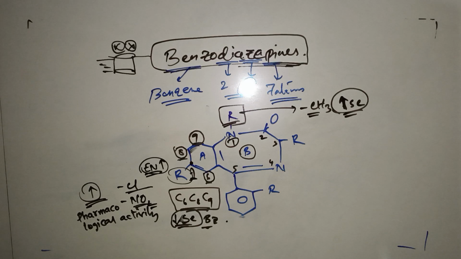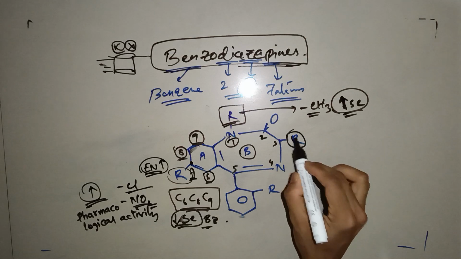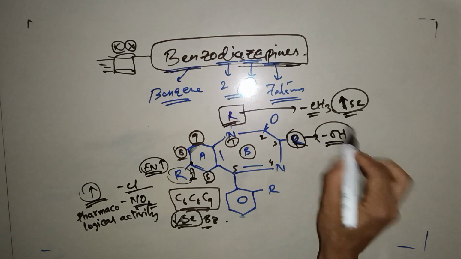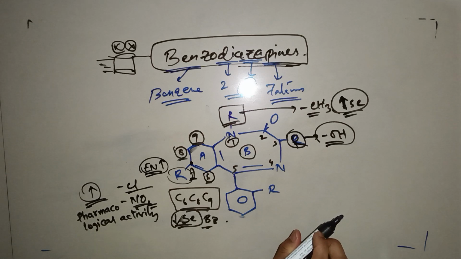Number two, a substituent will lead to a decrease in the duration of action of benzodiazepine, that is, it will make the benzodiazepine short acting when the benzodiazepine has a hydroxyl group at the third position.